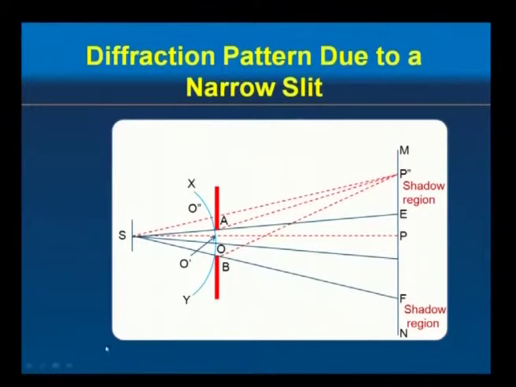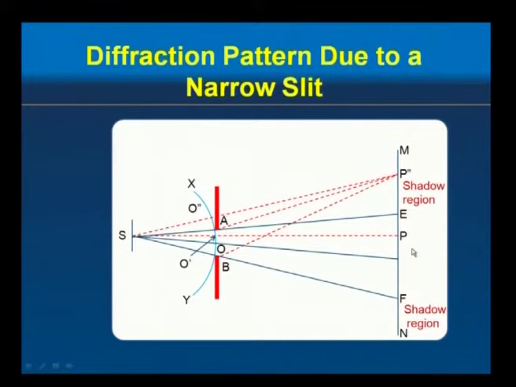If a crest is coming from the first half period zone, the light coming from the first half period zone at the point P gives rise to a crest, the light coming from the second half period zone will give rise to a trough, and the magnitude of the trough, as I told you, m2 will be lesser than m1. Therefore, one writes the intensity at the point P. How do you write the intensity at the point P?